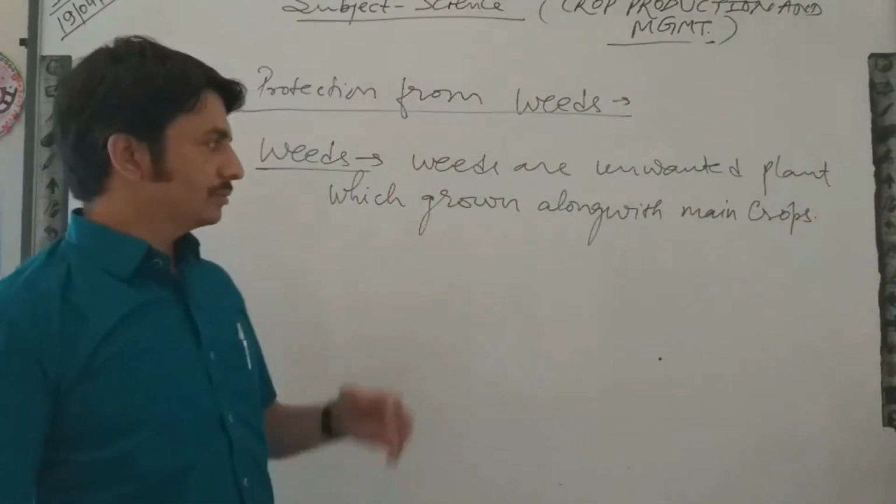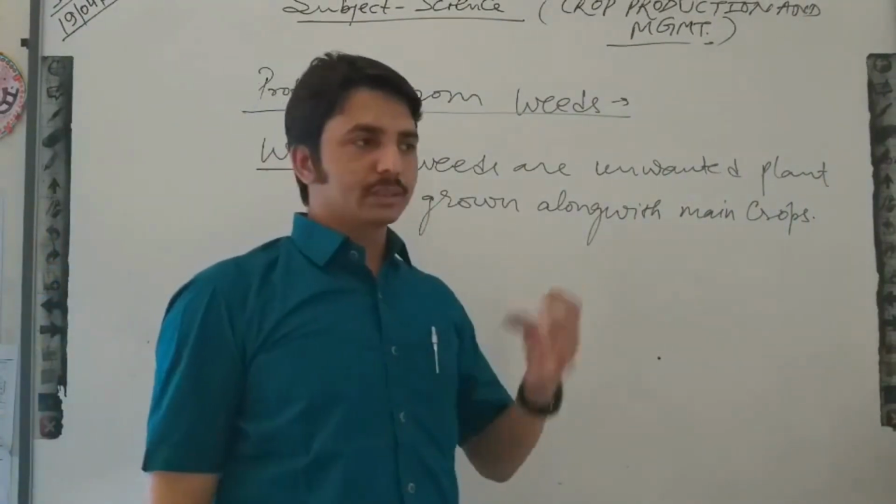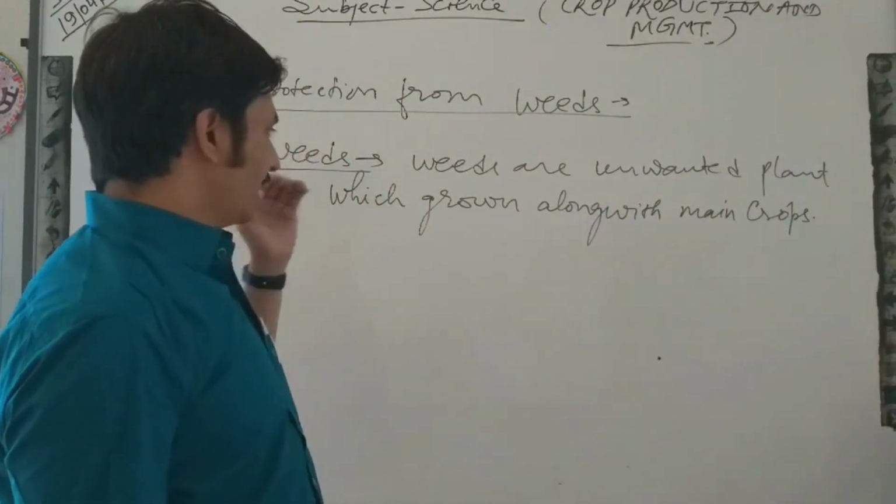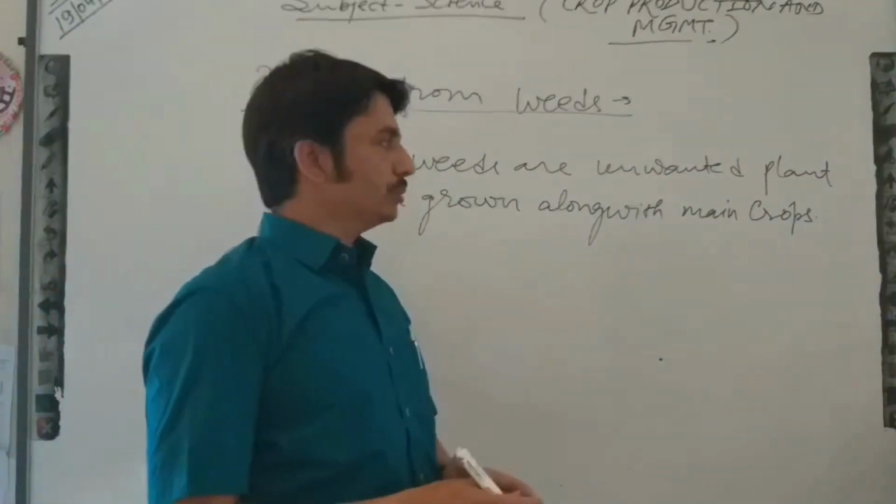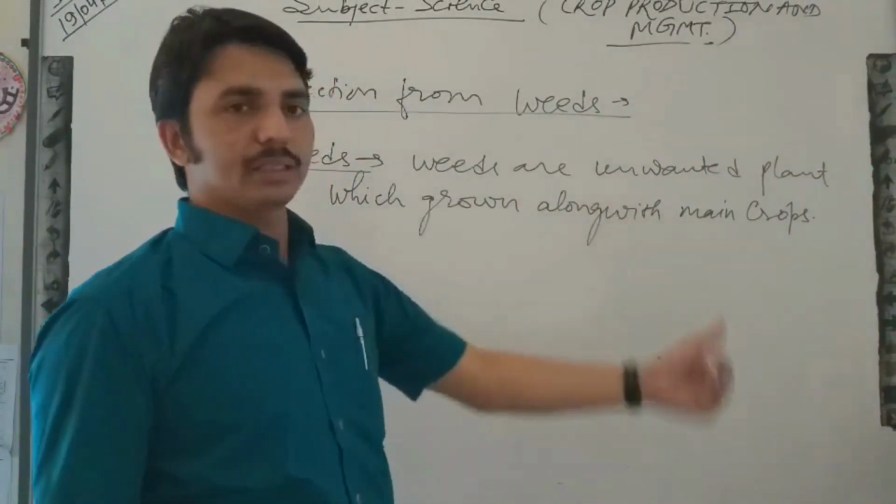We are growing wheat crop, we are growing mustard crop, we are growing paddy. So along with each main crop, a number of unwanted plants grow.